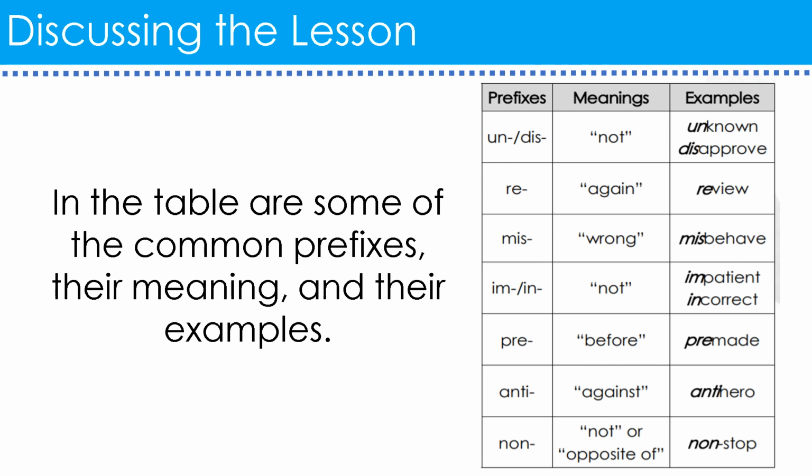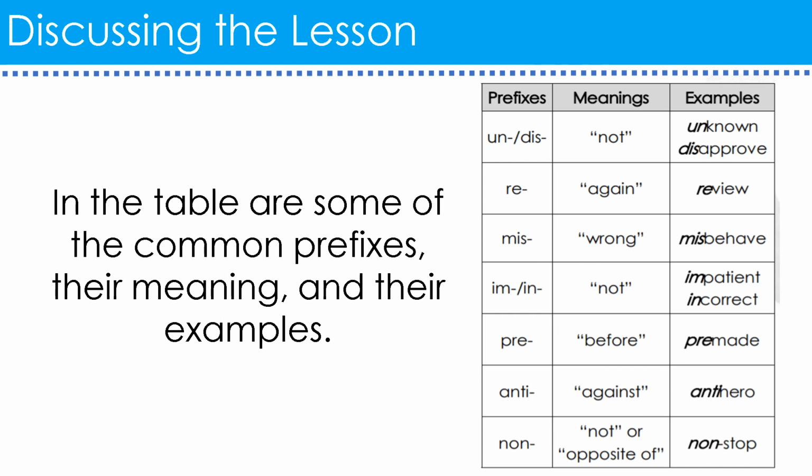Ayan, so these are the common prefixes. And their meanings are, an or dis, ibig sabihin ito, not. Then, re, it means again. Mis, it means wrong. Im or in, it means not. Pre means before. Anti means against. Non means not or opposite of.